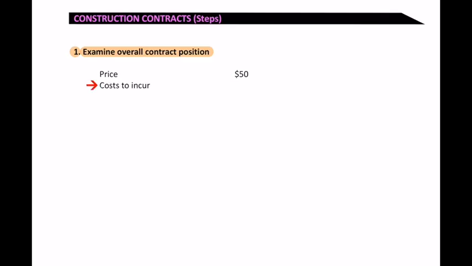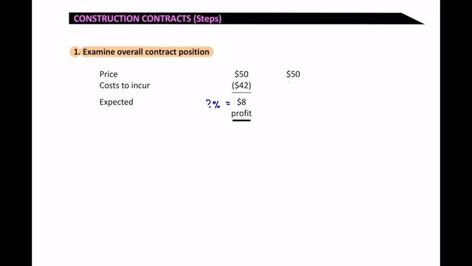Assuming the total cost to incur to fulfill the contract is estimated to be $42. Based on the $50 price and $42 cost, there's an expected profit of $8. If this contract is profitable, we should consider how to account for these profits over the period of the construction.